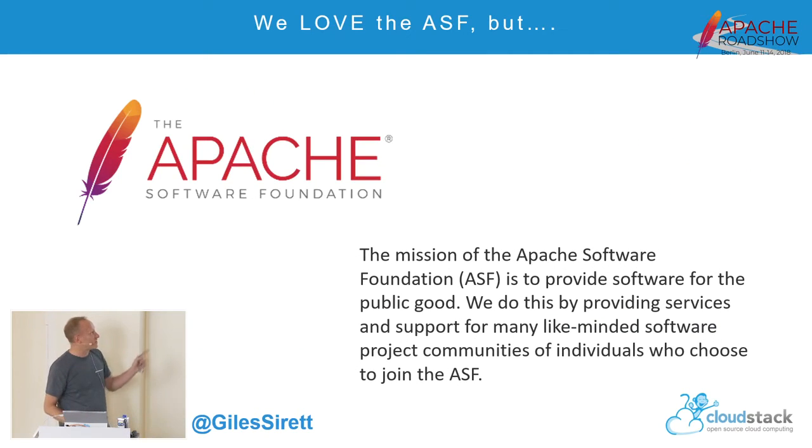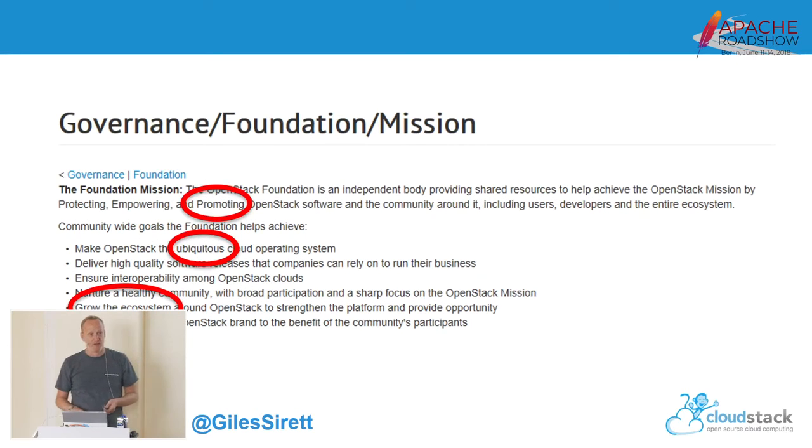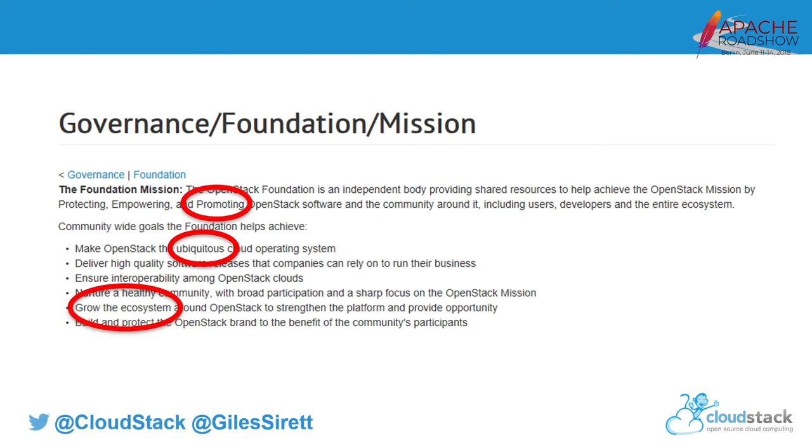And a lot of that, touching on what was mentioned in the keynote this morning, you look at the mission of the ASF, which is to provide software for the greater good, right? And you look at the mission of the Linux Foundation she was talking about this morning. Here I'm talking about the OpenStack Foundation. The mission has words like promoting, ubiquitous, growing the ecosystem, okay, pay to play, getting the commercial interest.